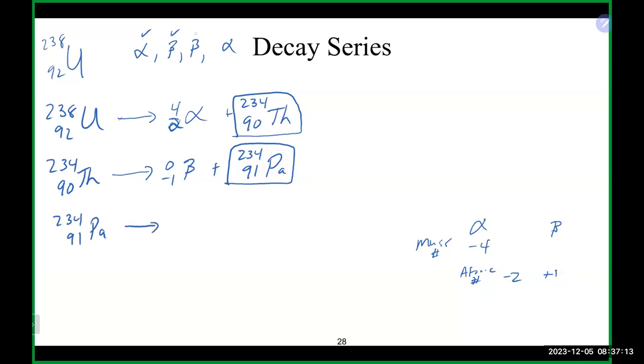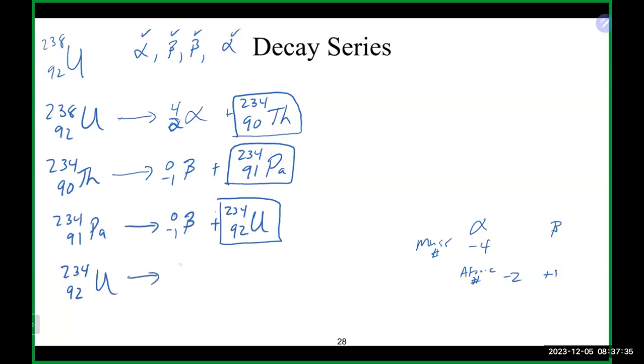That one is also going to go through, in my little series here, another beta decay, which means we're back up to 92, which is uranium, and we're at 234. And lastly, the last one that we made will go through my final step, which is an alpha decay.